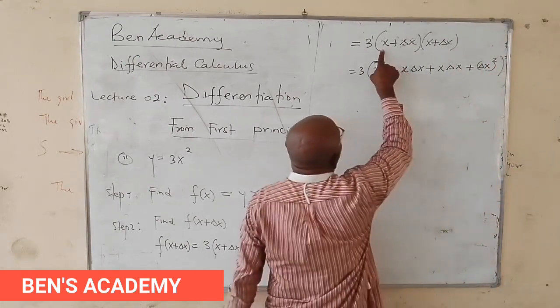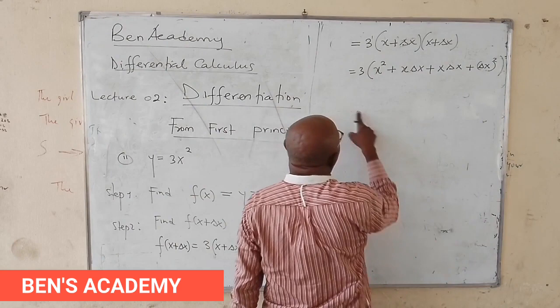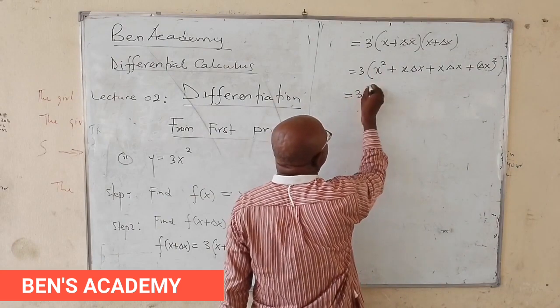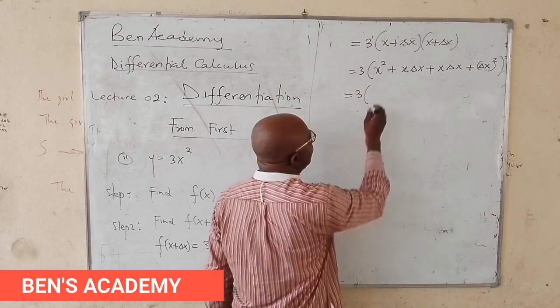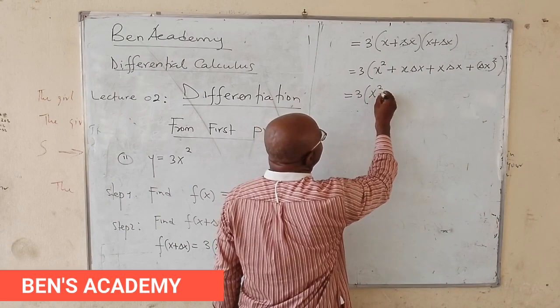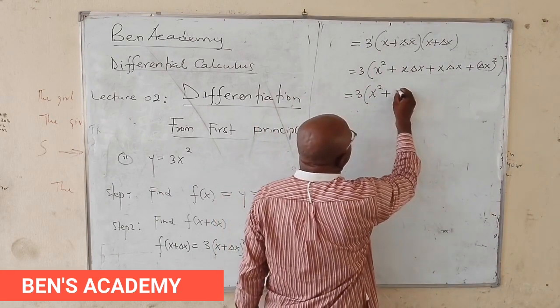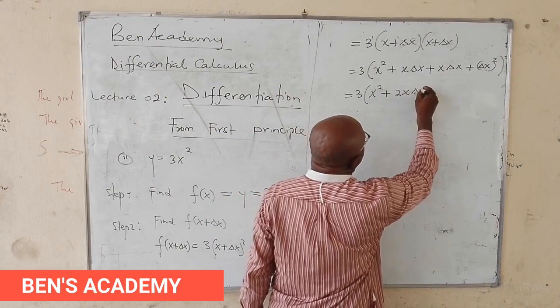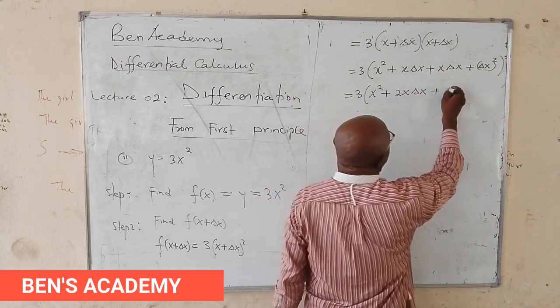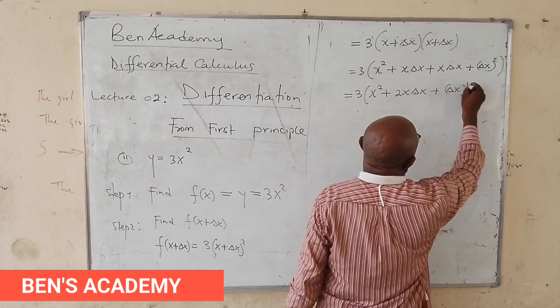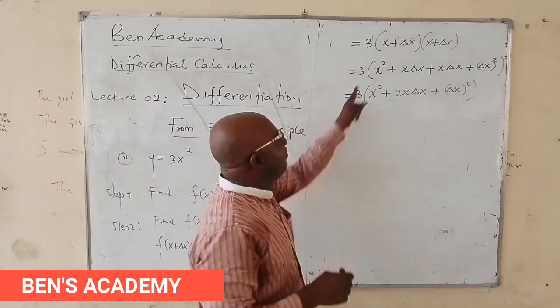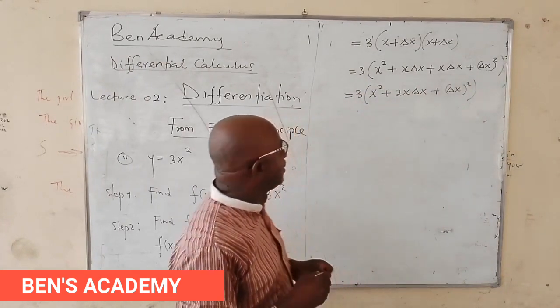So I've expanded this bracket. But let us simplify one step further and have this as x squared plus x change in x plus x change in x is 2x change in x plus change in x all squared. Alright, I've simplified the expanded expression.